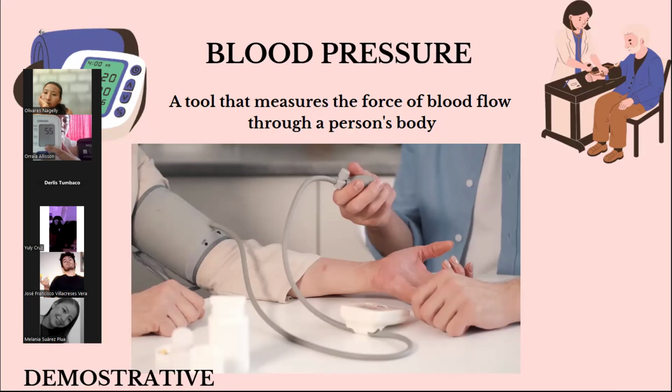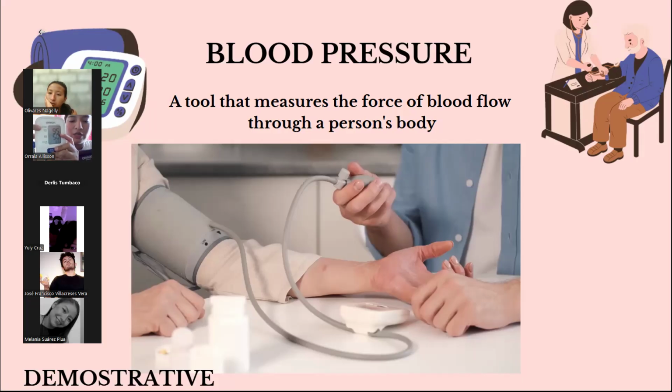Look at this. The little heart demonstrates that this code is working. So now we have three words in this part: sys, dia, and pulse. Sys is the name of this complete systolic pressure.